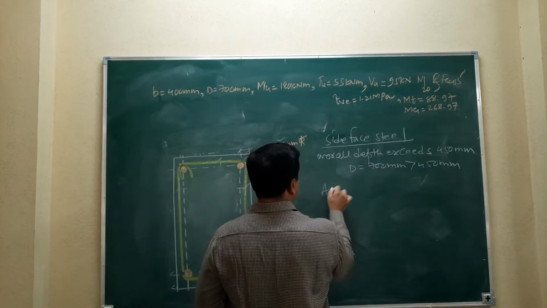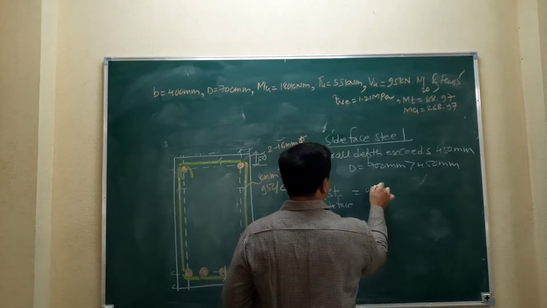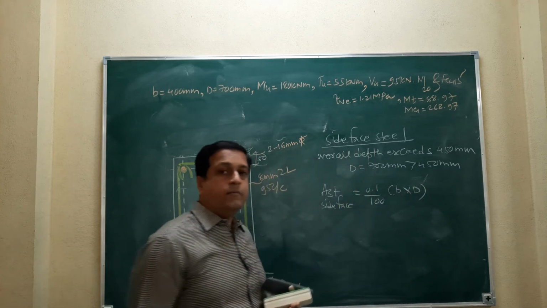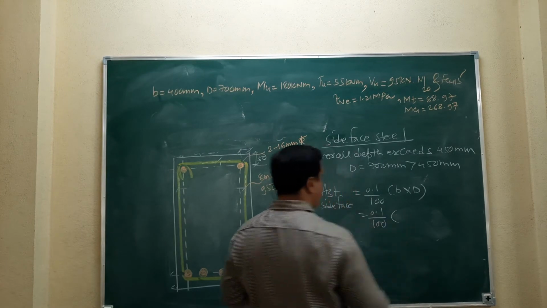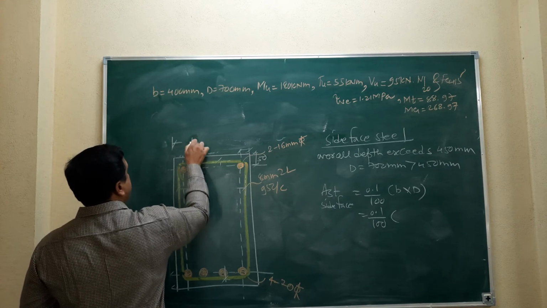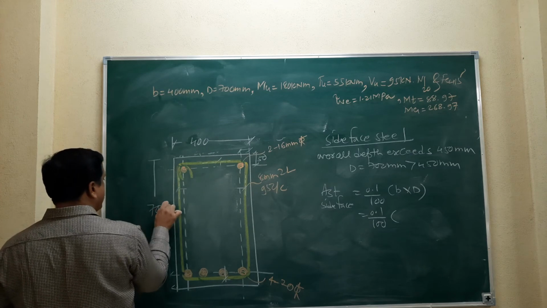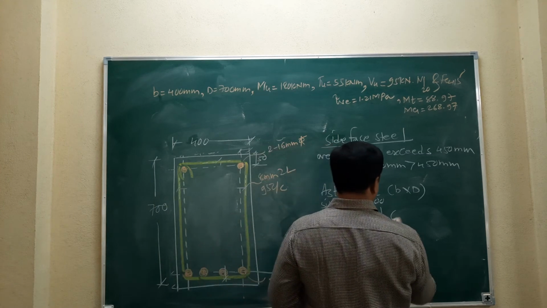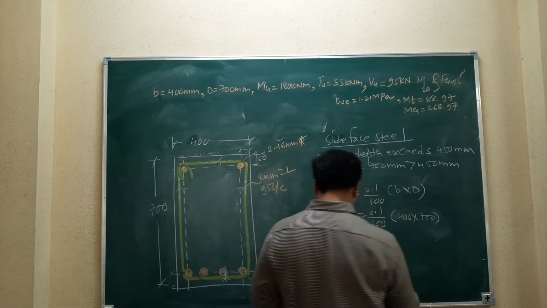Okay. So how to find out the AST side face? It is 0.1% of web area. So 0.1 divided by 100, web area is B into D. B is 400. Okay. D is 700. So width is 400, depth is 700.